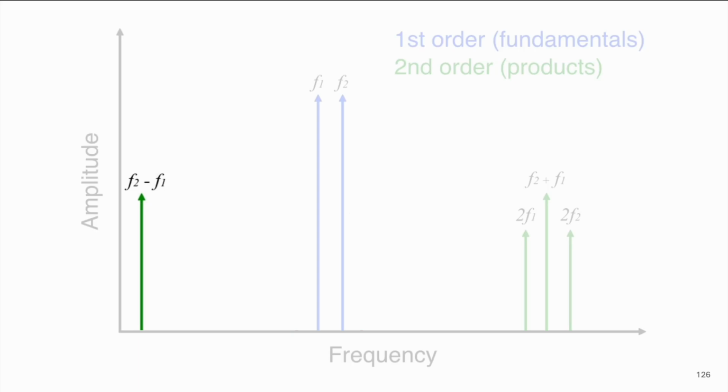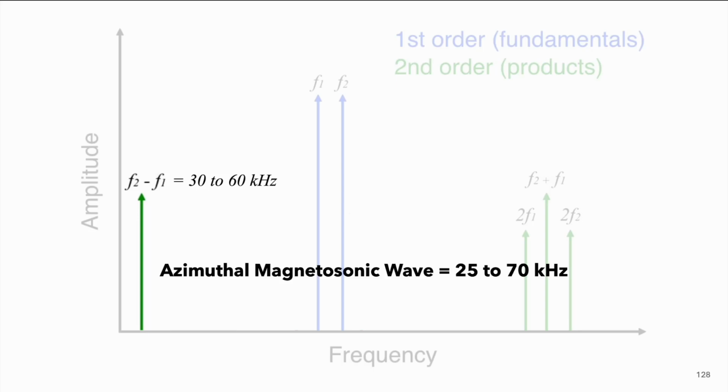In the testing, in the measurements of thrust, I found that thrust peaked when the frequency difference of the two microwaves, so the frequency of this intermodulation generated signal, was between 30 to 60 kilohertz. And from the previous slide, the azimuthal magnetosonic wave was found to occur between 25 to 70 kilohertz.